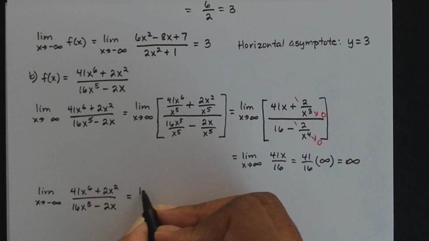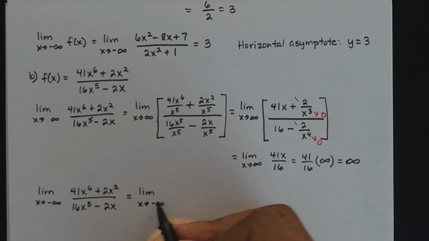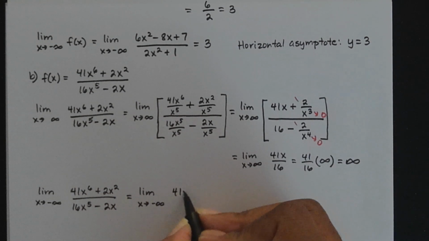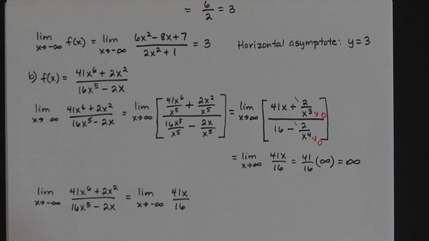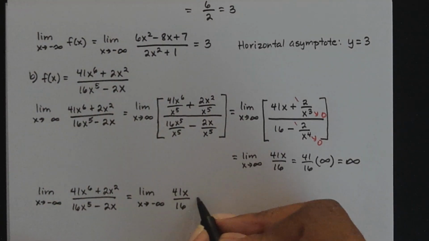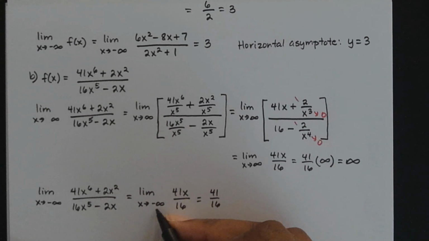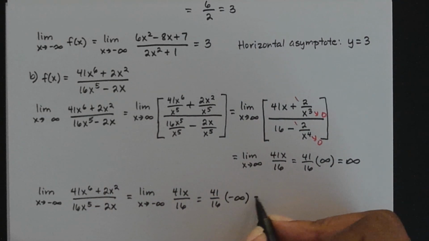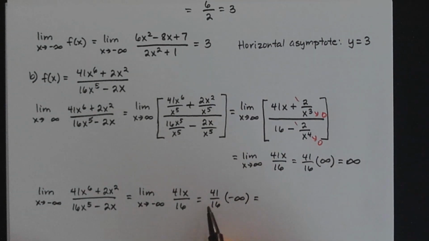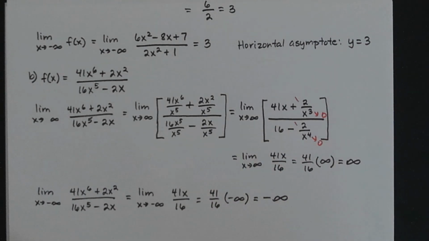So let's use that. And then this time, the constant 41 over 16, as x approaches negative infinity, this x goes to negative infinity. And negative infinity times 41 over 16 ends up being negative infinity.